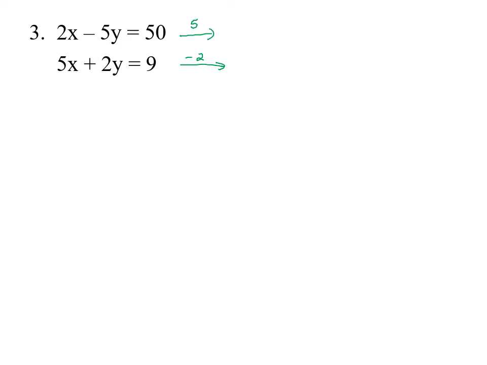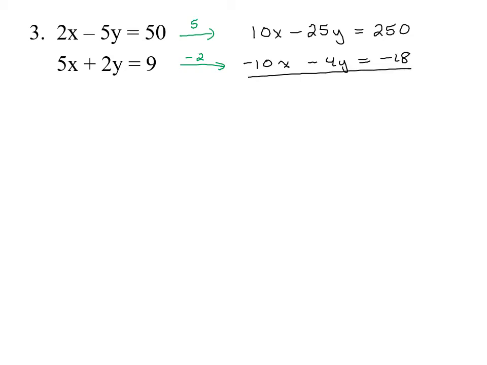And I'll end up with 2 times 5 is 10x minus 25y equals 250. On the bottom, I'll end up with negative 10x minus 4y equals negative 18. Again, the x's will always cancel if you're doing it the same way that I'm doing it. And I'll end up with negative 29y.